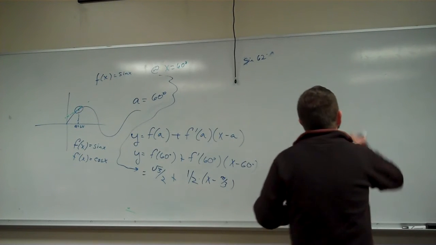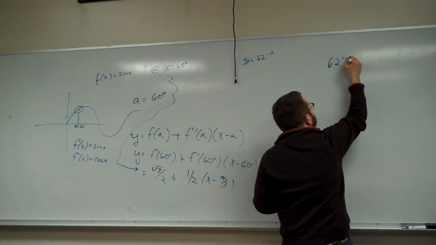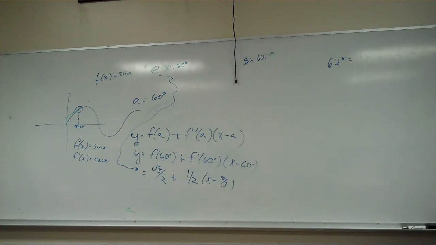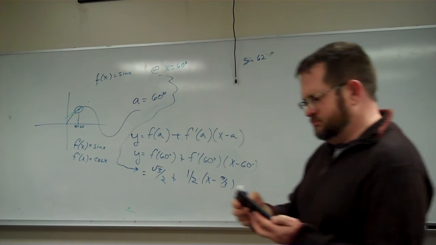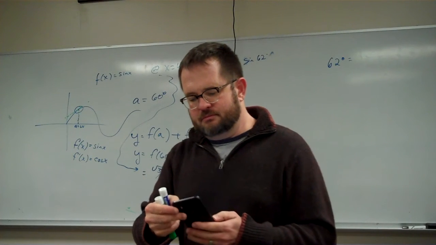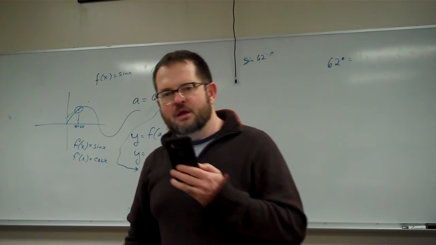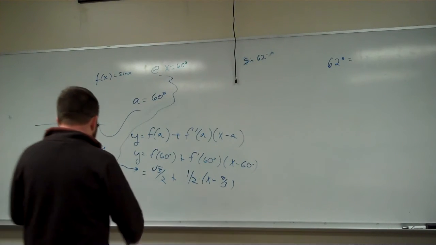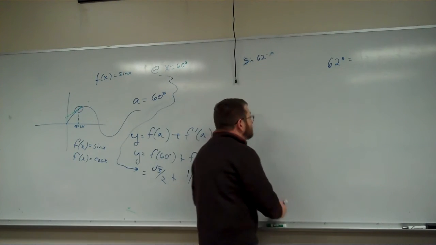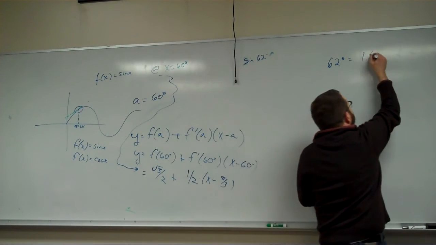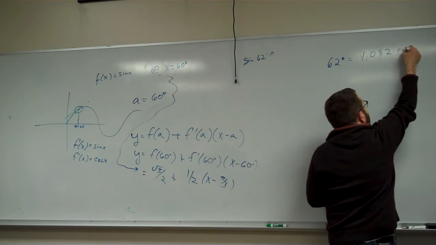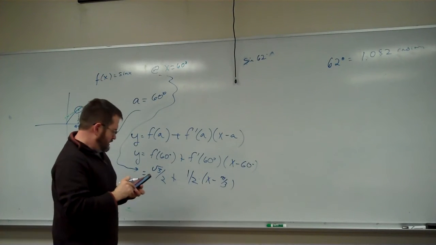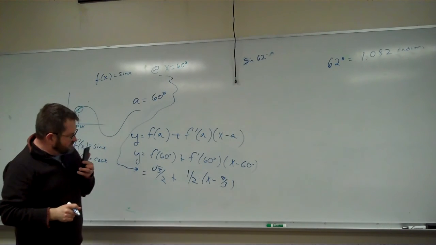So we would need to change 62 to radians. 62 degrees is a certain number of radians. What is 62 degrees converted to radians? 62 degrees equals 1.082 radians. All right, so what is pi divided by 3?